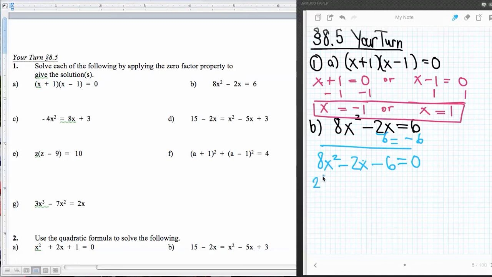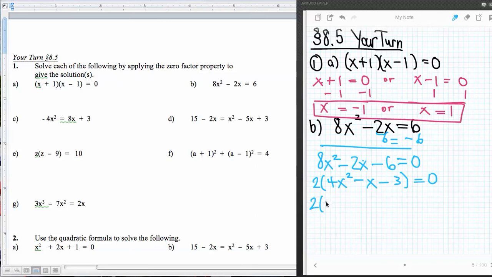And so I'm going to take out a factor of 2. So 2 times 4x squared minus x minus 3. And now I'm looking for the factors of 4 and 3 that when I mix and match them will give me a difference of 1. So 3 times 4 is 12. The factors of 12 that give me a difference of 1 exist. So I can certainly factor this.